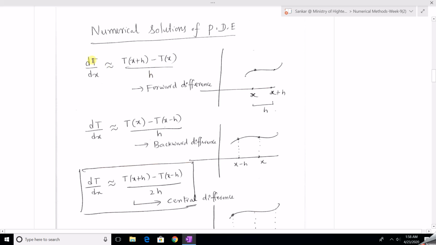But here, since t is the dependent variable, dt over dx is approximated by t of x plus h minus t of x over h, and this approximation is called forward difference approximation of the derivative. Similarly, dt over dx is approximated by t of x minus t of x minus h over h. This we call the backward difference approximation of the same derivative.